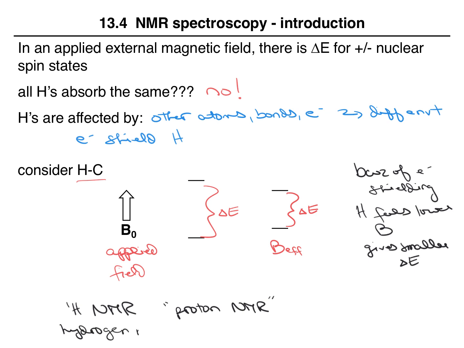We are talking about nuclear spin states in NMR spectroscopy, so we're focusing on the nucleus. Now, the nucleus of hydrogen 1 contains 1 proton and 0 neutrons. So the H1 nucleus is a proton. And so this is why we will often write it as H1, but we will say it as proton NMR.